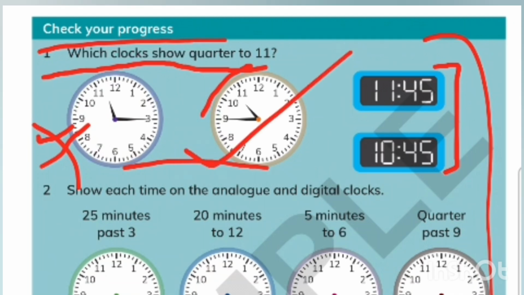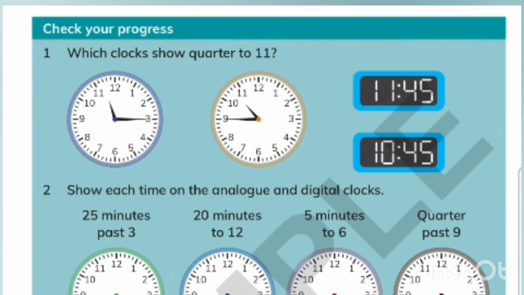So this is correct. This clock is showing quarter to 11. Okay, I am removing all the other lines, I will only make the correct line.